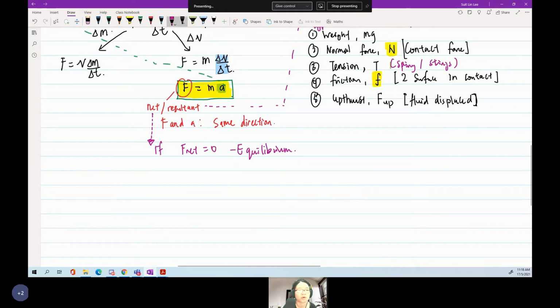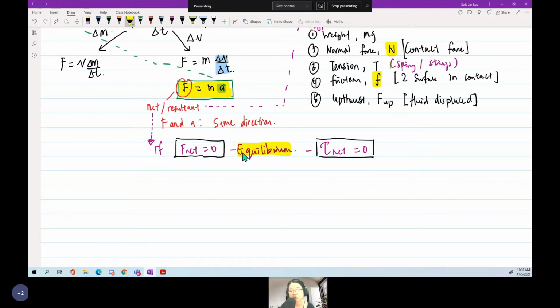Equilibrium is a double condition. Your net force is 0, but your net torque is also 0. Correct? Clockwise moment is equal to anti-clockwise moment. Up force is equal to down force. Left force is equal to right force. Also confirm we'll have an equilibrium question.